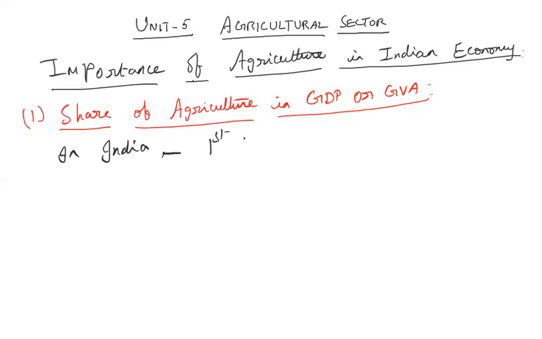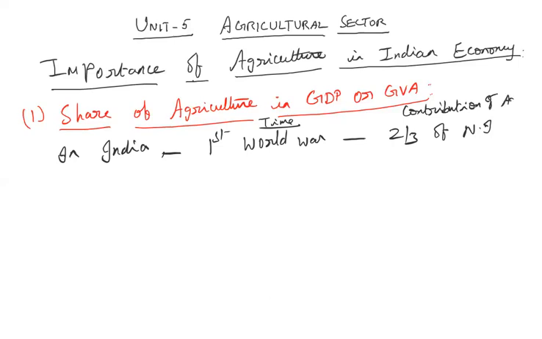As far as the share of agriculture is concerned, initially in India, at the time of the First World War, the contribution made by agriculture was nearly two-thirds of the national income. Let me put it here: the time, and this one represents the contribution of the agricultural sector.